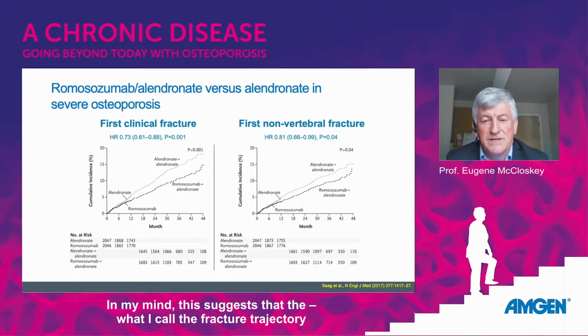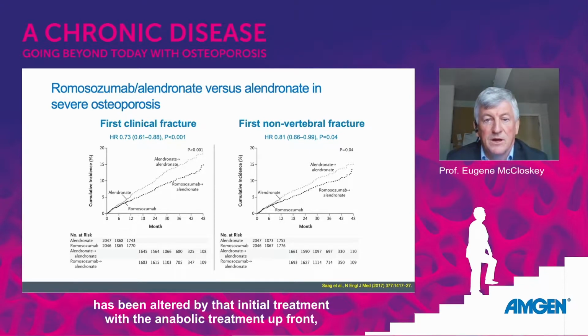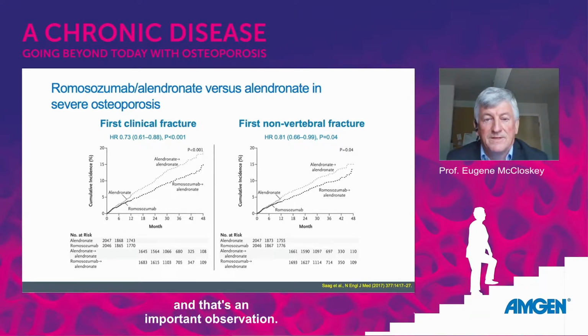In my mind, this suggests that what I call the fracture trajectory has been altered by that initial treatment with the anabolic treatment up front. And that's an important observation. It means that in patients at particularly high risk of fracture, the optimal combination is probably anabolic treatment first, followed by an anti-resorptive in the long term.